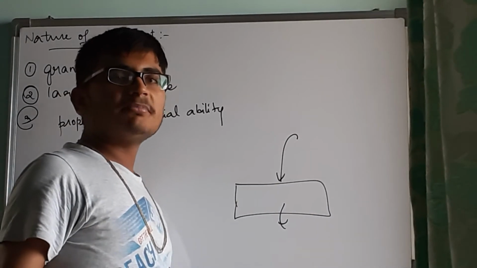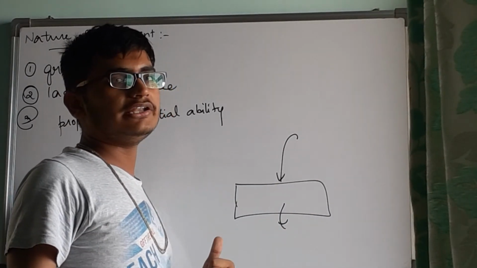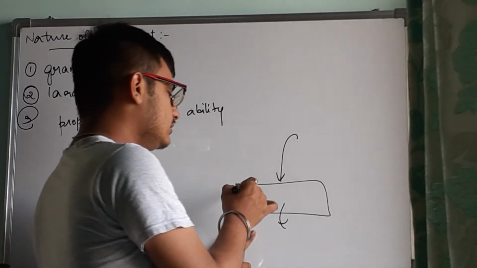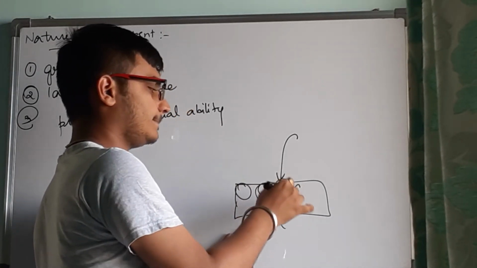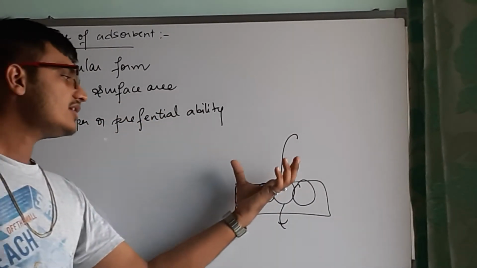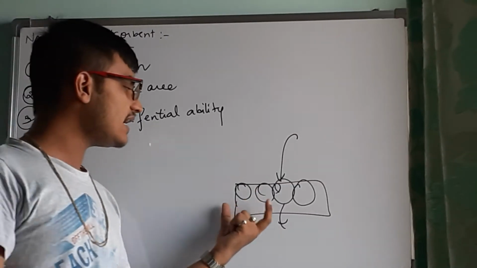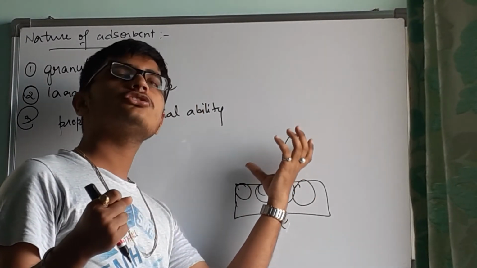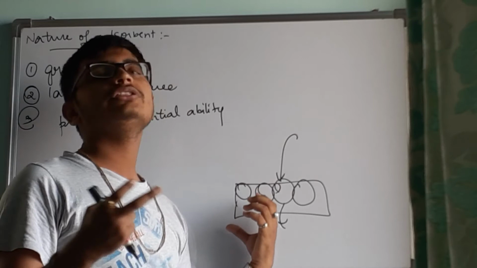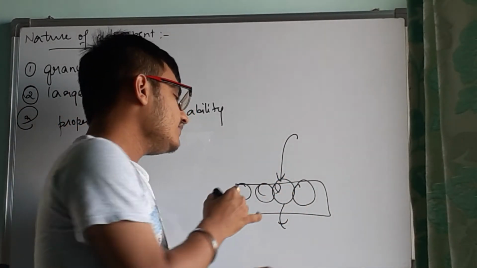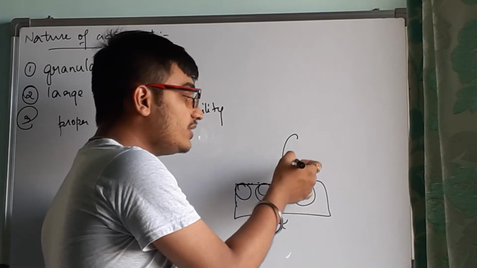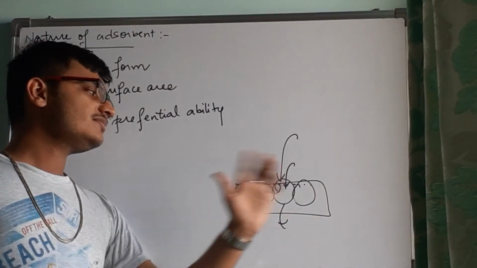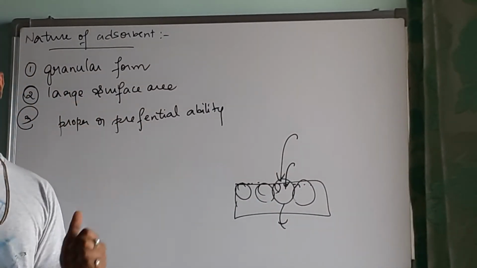If the adsorbent has very large granules, then the adsorption might be different, because with larger granular sizes, along with the solute, the unwanted solvent or unwanted material also sometimes gets settled on these materials because of the large size.